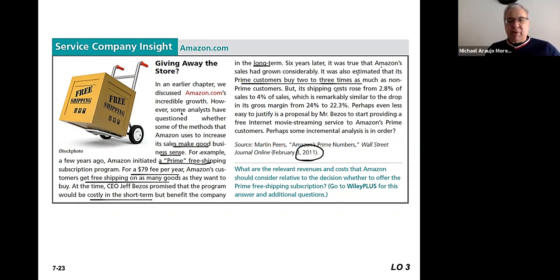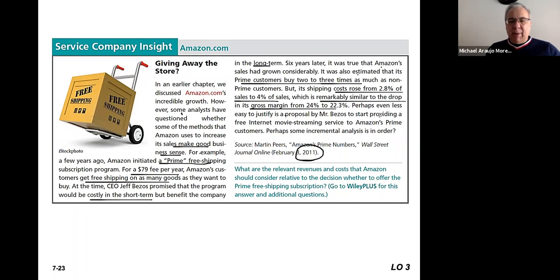Its shipping costs rose from 2.8% of sales to 4% of sales, which is similar to the drop in its gross margin. However, Bezos still tries to justify it.